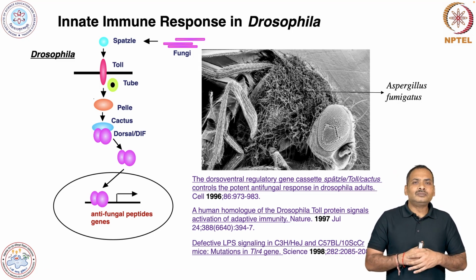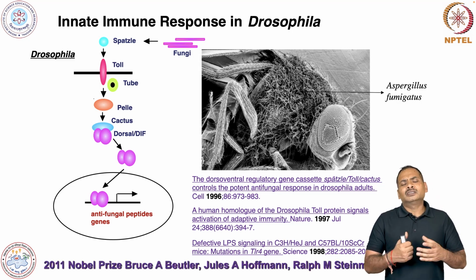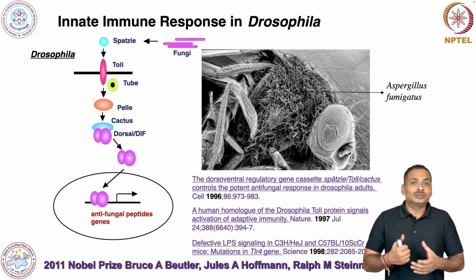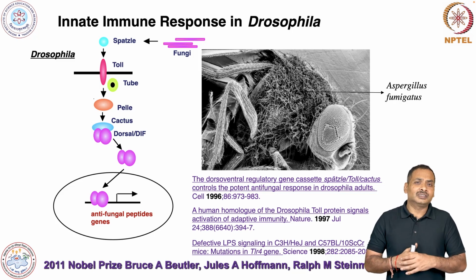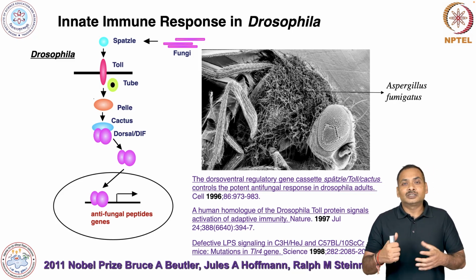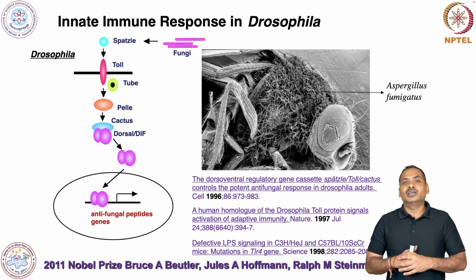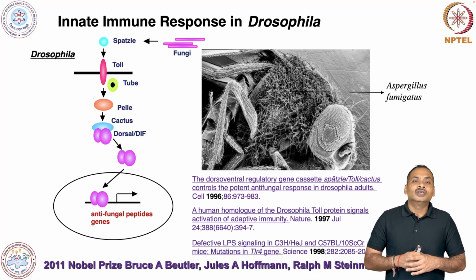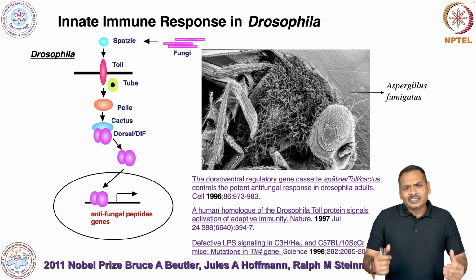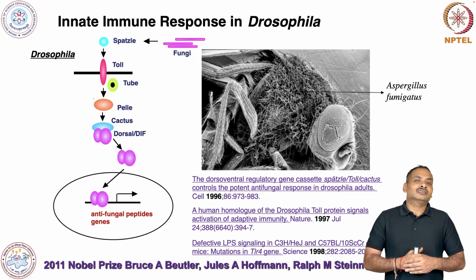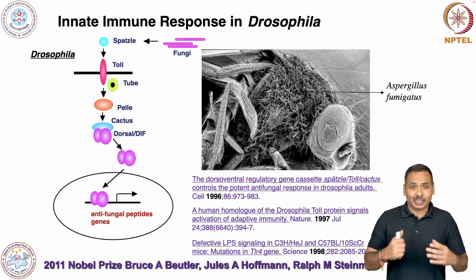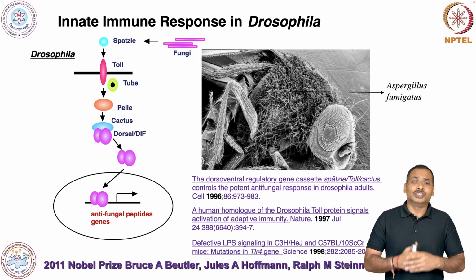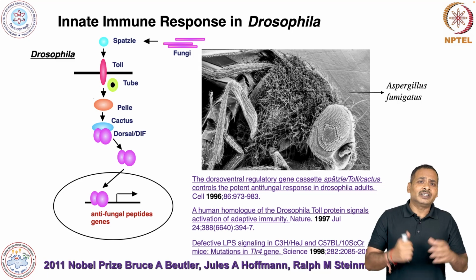In addition, the Nobel Prize was also given to Ralph Steinman, whom I have discussed earlier in a previous session. He passed away 3 days before the announcement, so this prize was given to his wife. At this time, the concept was very well established that innate immunity is not non-specific.